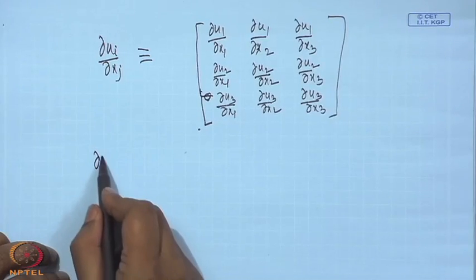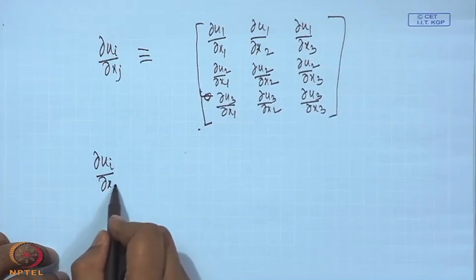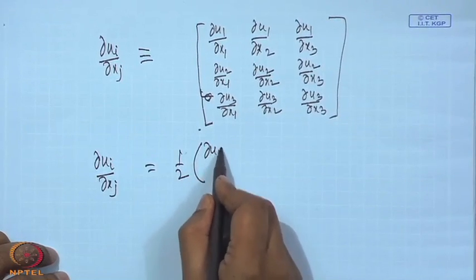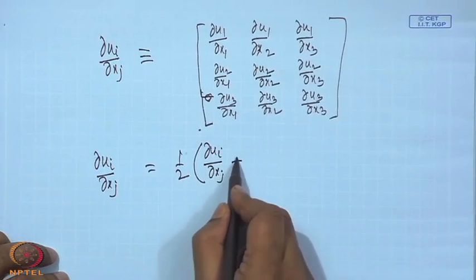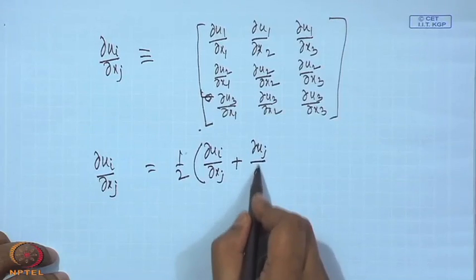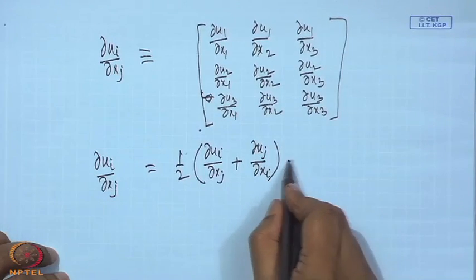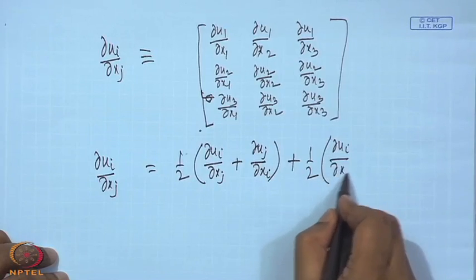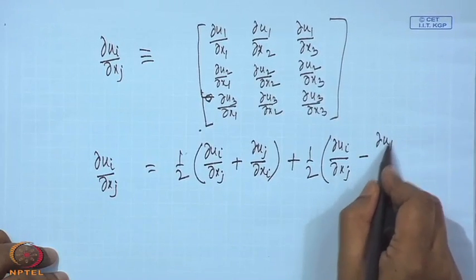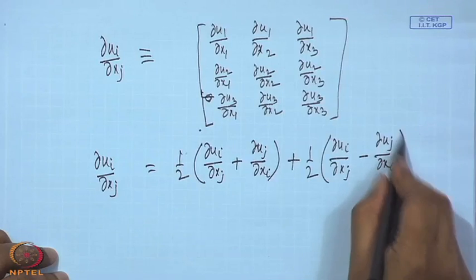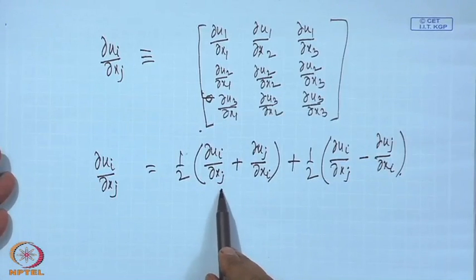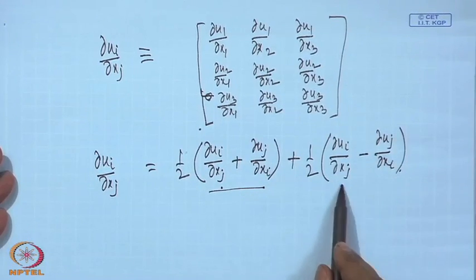This du_i/dx_j can simply be written as half (du_i/dx_j plus du_j/dx_i) plus half (du_i/dx_j minus du_j/dx_i). And you see, this first part is a symmetric matrix, the second part is antisymmetric.